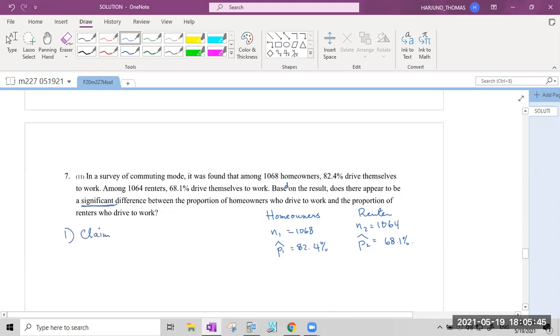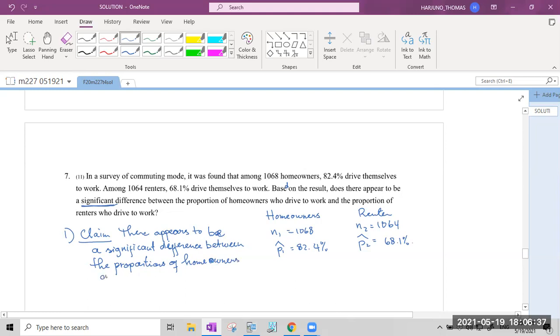The claim: there appears to be a significant difference between the proportions of homeowners and renters who drive to work.